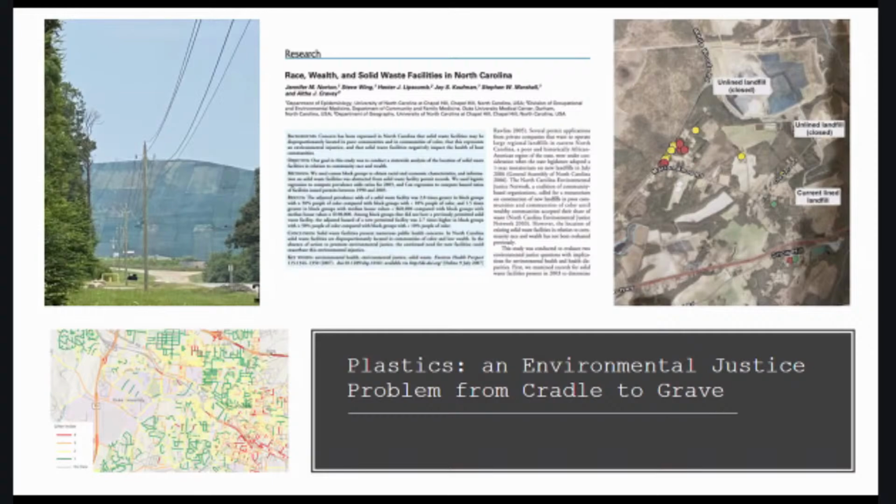So we see thoroughfares with higher speed limits. We see a proliferation of takeout dining facilities, fast food chains, convenience stores, and a lack of investment in waste management infrastructure. So all of this correlates to have a significant impact and problem in terms of environmental injustices.